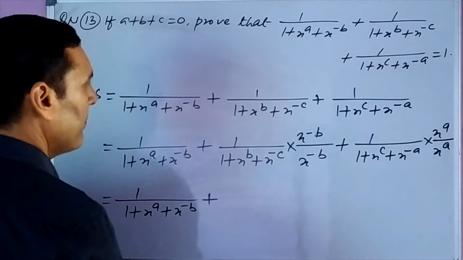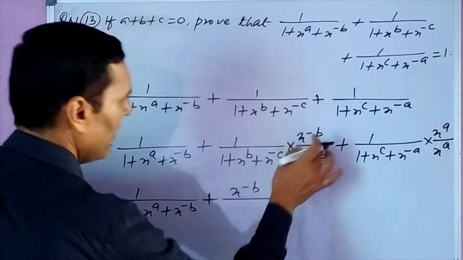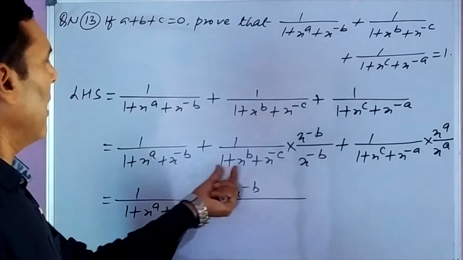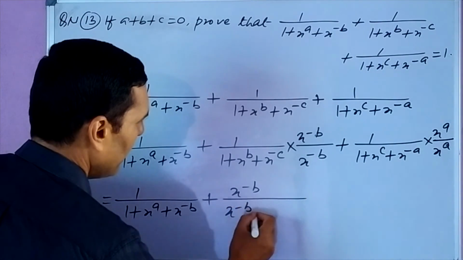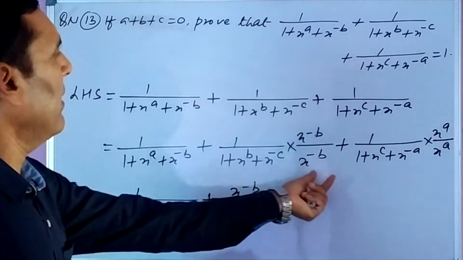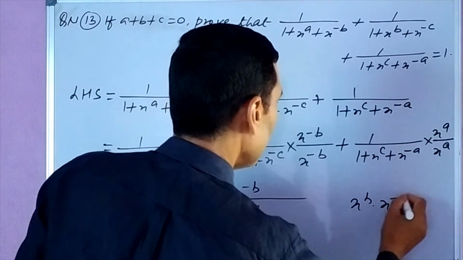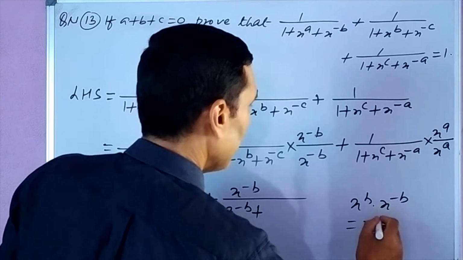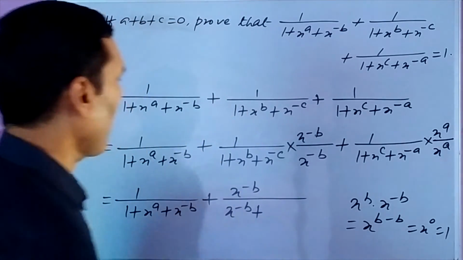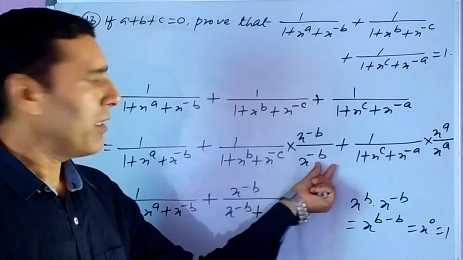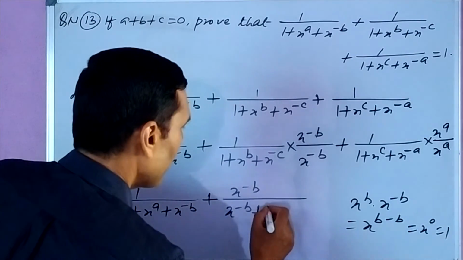And second, now f to the power minus b is the numerator, and in the denominator, 1 into f to the power minus b, and f to the power b into f to the power minus b. If you multiply it together, f to the power b minus b is f to the power 0, that is 1. When f to the power minus b and f to the power b are multiplied together, it gives the product 1.